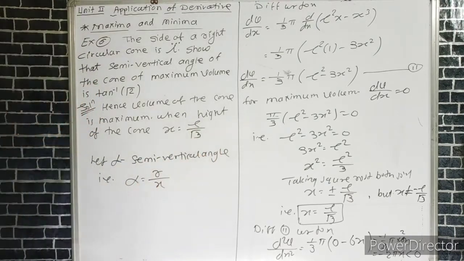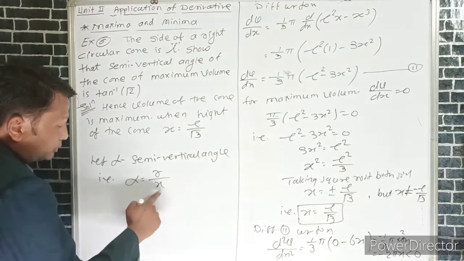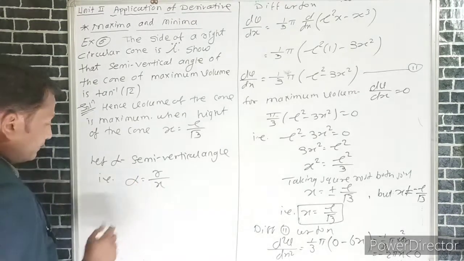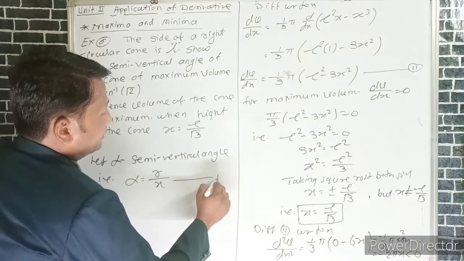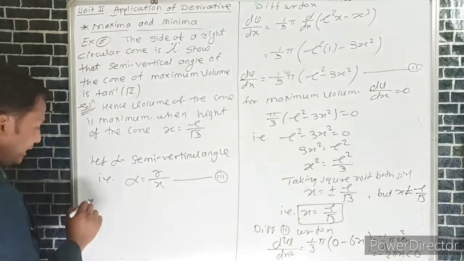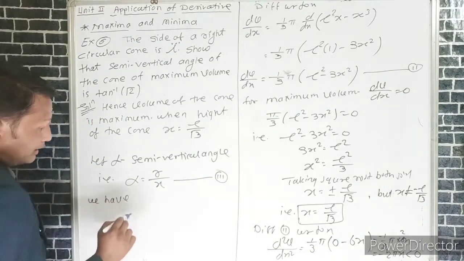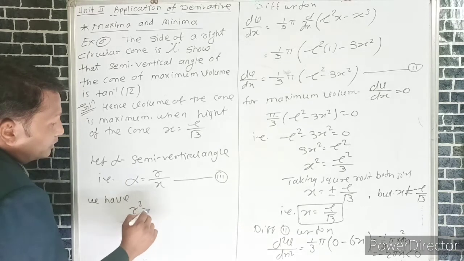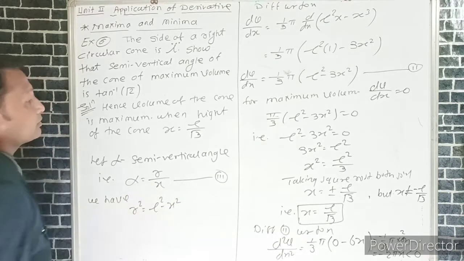Now we have to find the value of r. To find the value of r, we substitute in equation number 3, where r square is equal to L square minus x square.